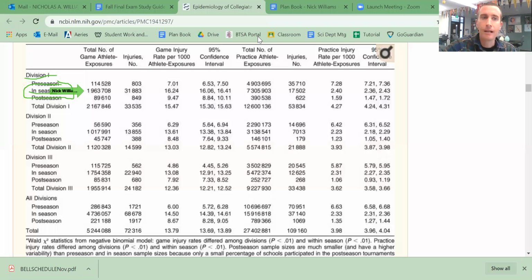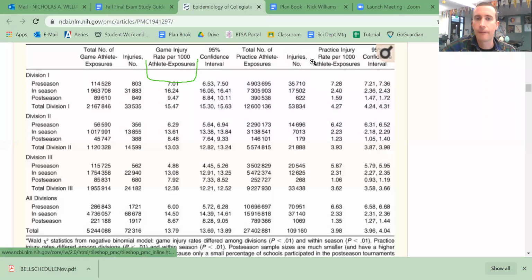Okay, let's do the same thing now, but let's take a look at a column. So for the column, I'm going to take a look at game injury rate per 1,000 exposures and practice injury rate per 1,000 exposures. So that would be this column right here, and this column right here.